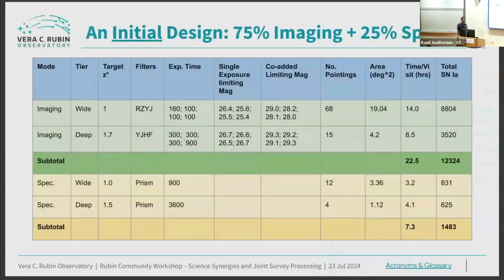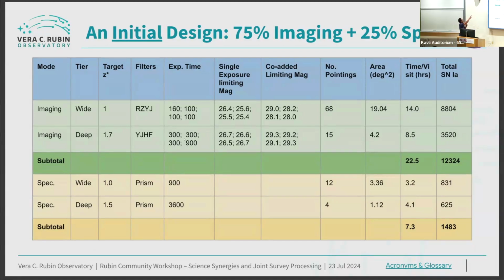This is just one reference survey, one example of several reference surveys that were published a couple of years ago. If you look at the top 2 rows that say imaging, wide and deep. This particular reference survey uses 75% of the time on imaging and 25% of the time on spectroscopy.